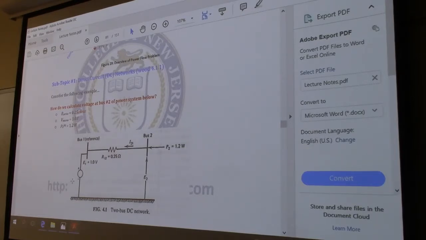Because nodal and mesh analysis only applies to linear systems. The power system up above, the way we describe it, is nonlinear, and the reason why it's nonlinear is because we're not describing the loads and the generator as resistances and sources.